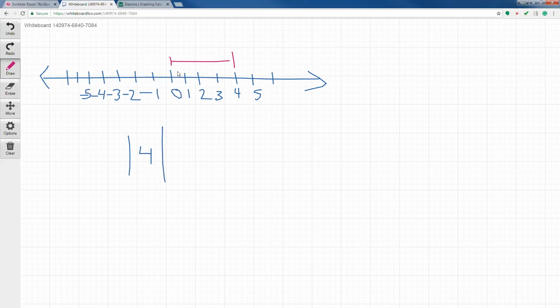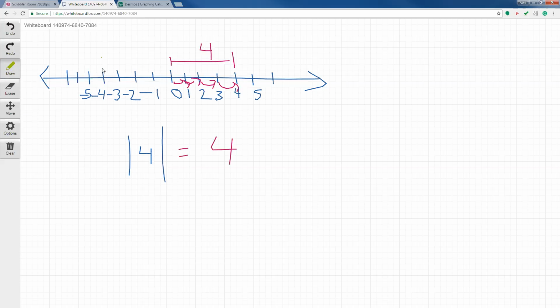Well, I'm sorry, 5. That's too far. When we start at 0, we count the movement as one space, so not 1, 2, 3, 4, 5, just 1 space, 2 spaces, 3 spaces, 4 spaces. So the absolute value of 4 is 4 because it's 4 spaces away from 0.